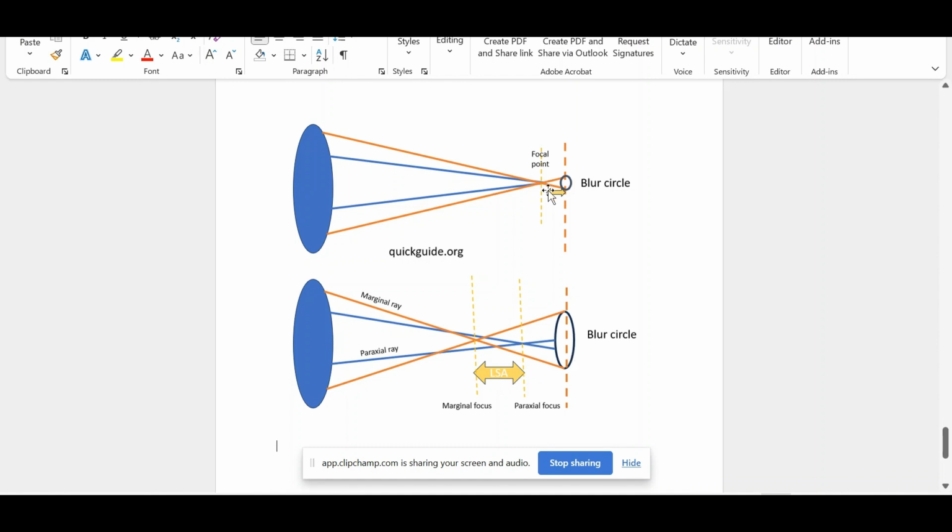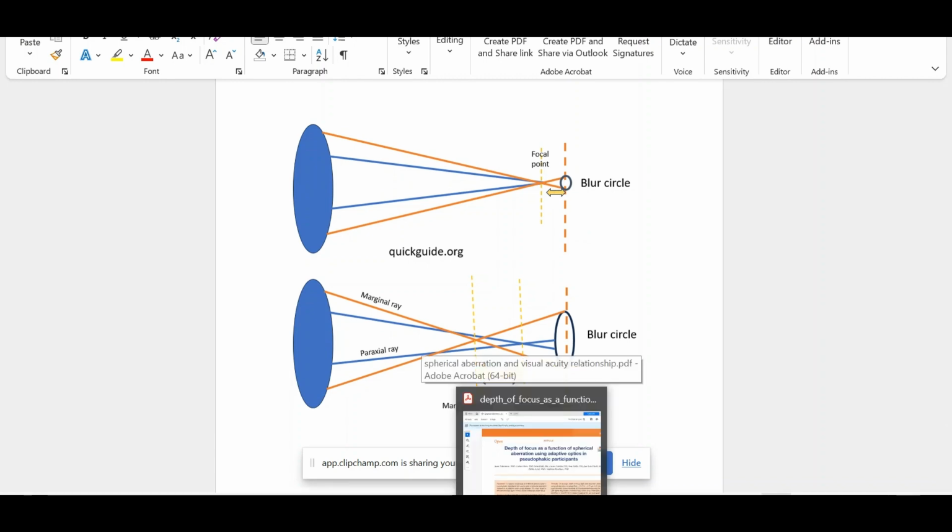The less depth of focus you give the patient, that is the marginal and the paraxial rays of light coming to one focal point over here, the blur circle will be less, the image quality will be more, but the depth of focus will be less, right? So this is fundamental in optics, fundamental in physics.